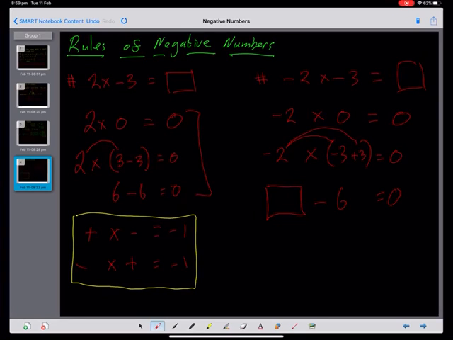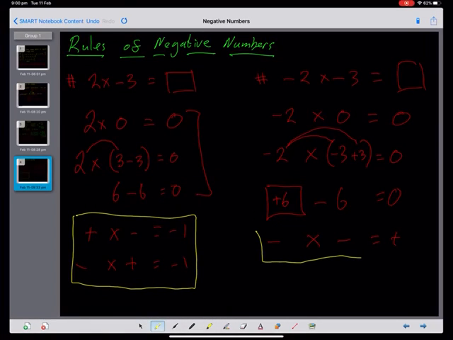But we know that the sum is equal to 0. So the only thing that we can put here is a positive 6. So we can deduce, therefore, that a negative multiplied by a negative is a positive.